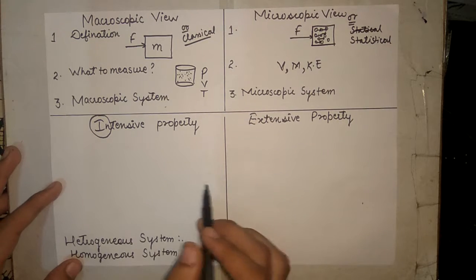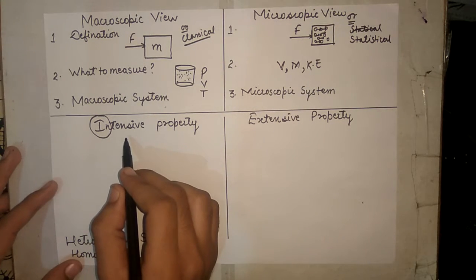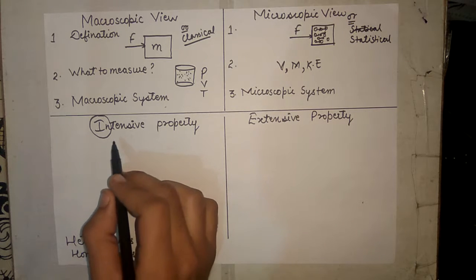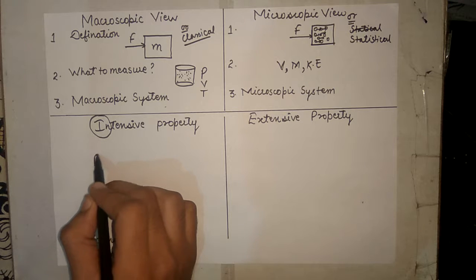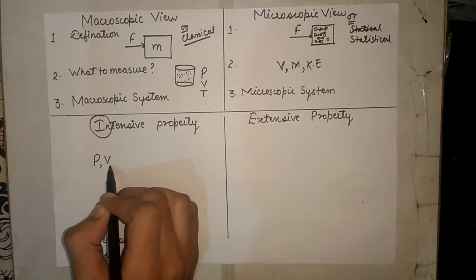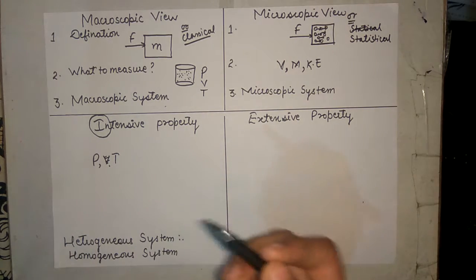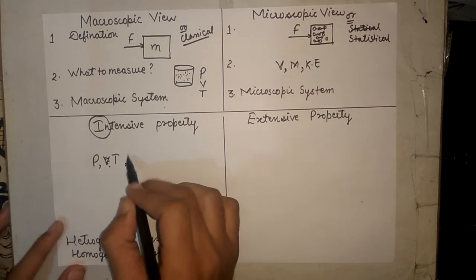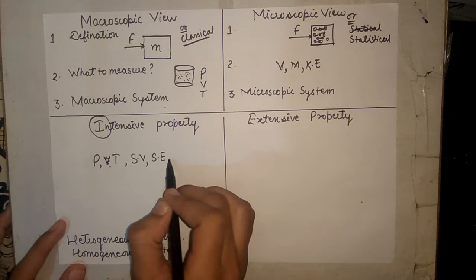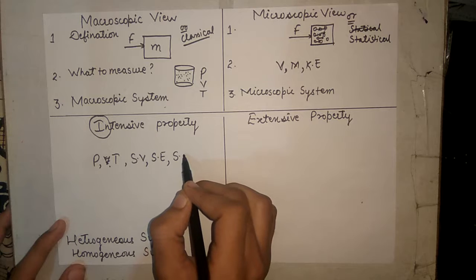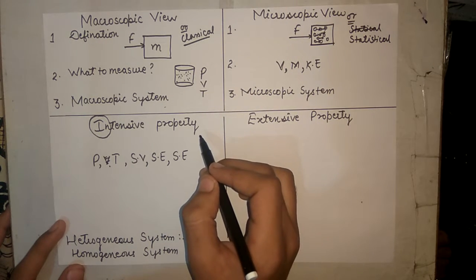For example, intensive properties like pressure, temperature, specific volume, specific enthalpy, specific entropy, right? So these are the intensive properties.